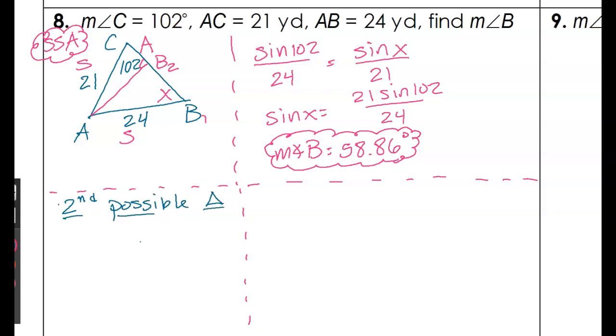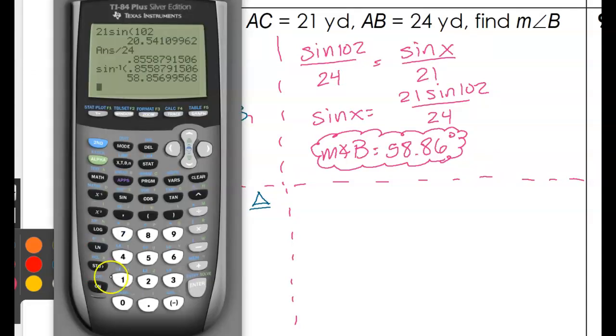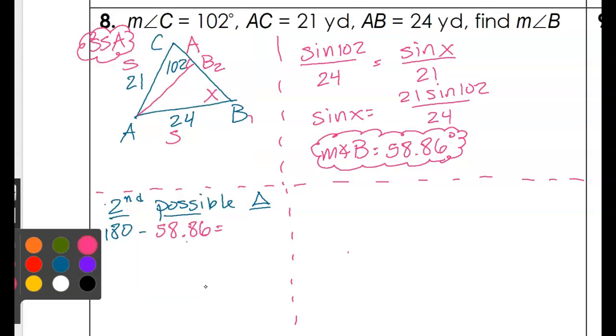Second possible triangle, when you take 180 minus the previous angle you found, which was 58.86, and you get 121.14.